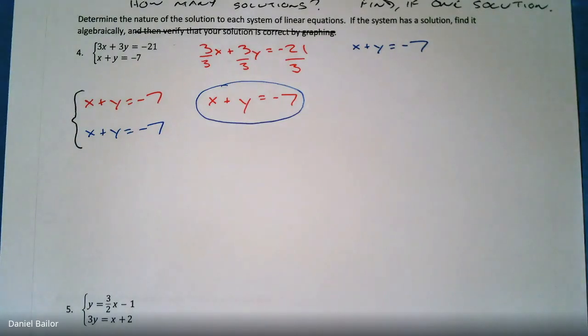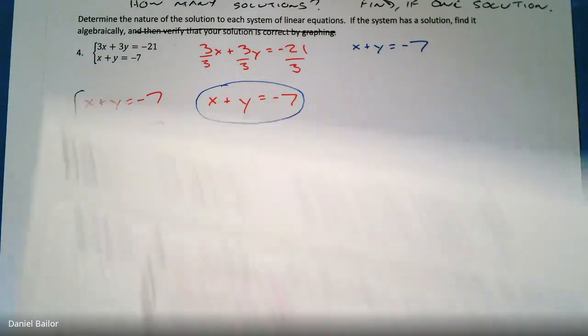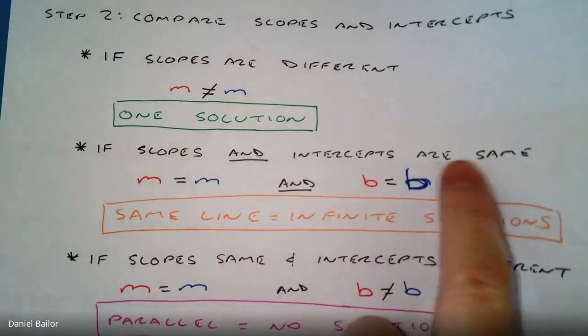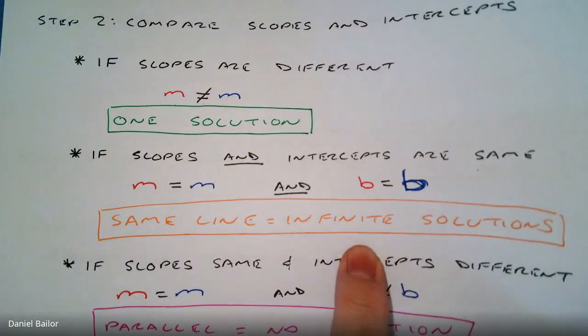So how many solutions do we have in our system if everything is exactly the same? Well, going back to our chart, if everything is exactly the same, that's infinite solutions.